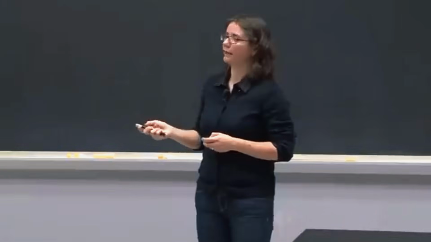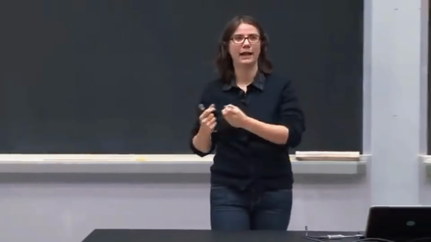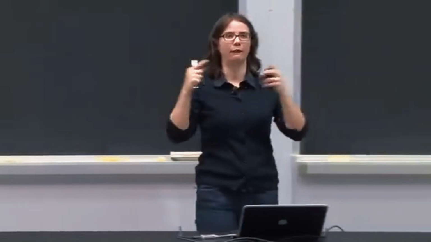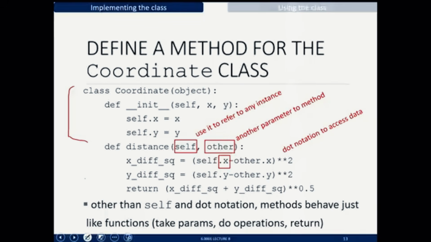Inside this method, I have to refer to the x data attributes of each object if I want to find the difference between the 2 x values from them. So that's why I'm doing self.x here, right? If I just did x, I would be accessing just some variable named x in a program, which actually isn't even defined, right?